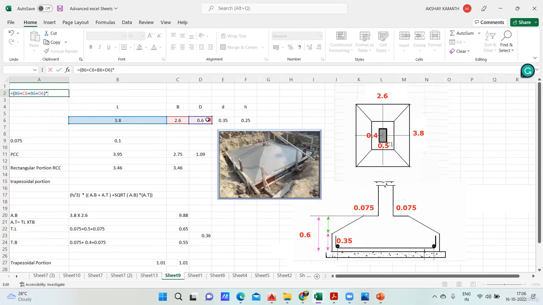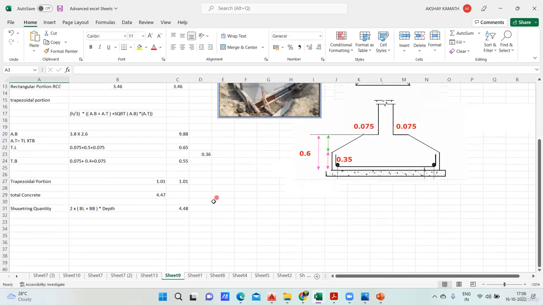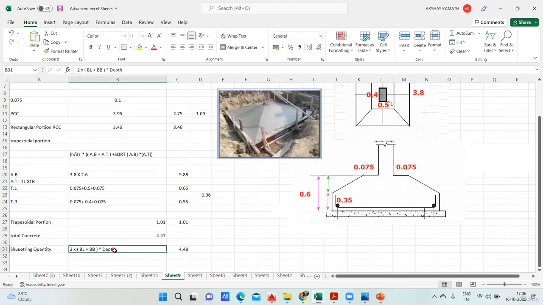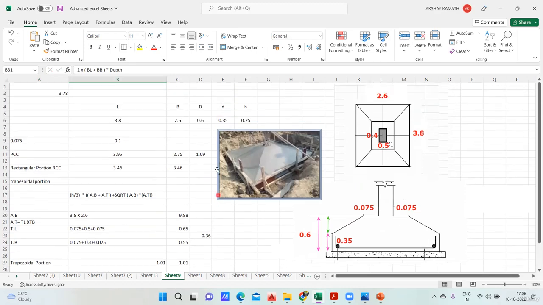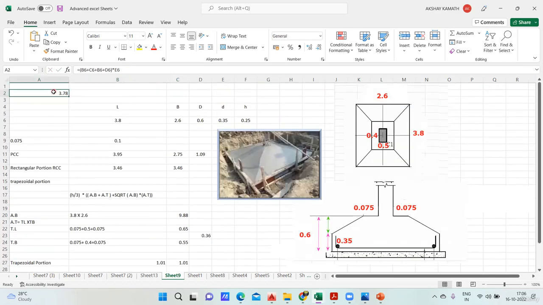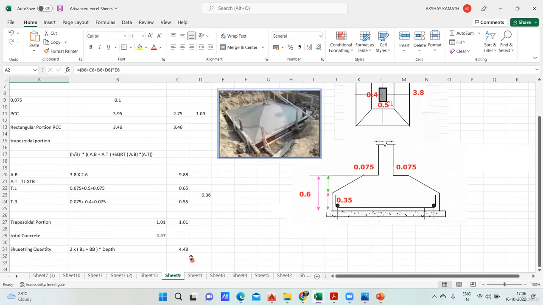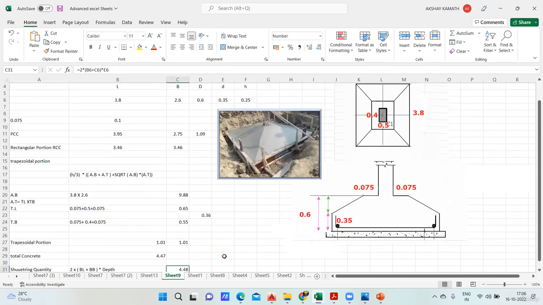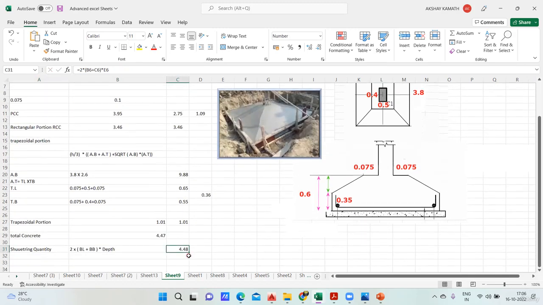Footing depth will be how much? 0.35. Why not 0.6? Because shuttering will be done only up to the rectangular portion. So you have to take 0.35 and enter. 3.78. Wait. Into the depth. Yeah, this answer into E6. So I should get 4.48.